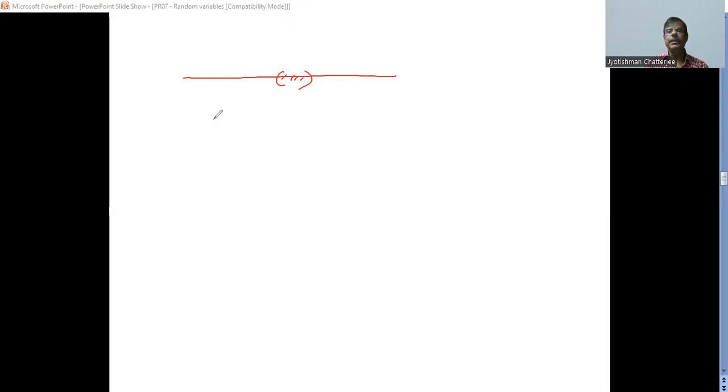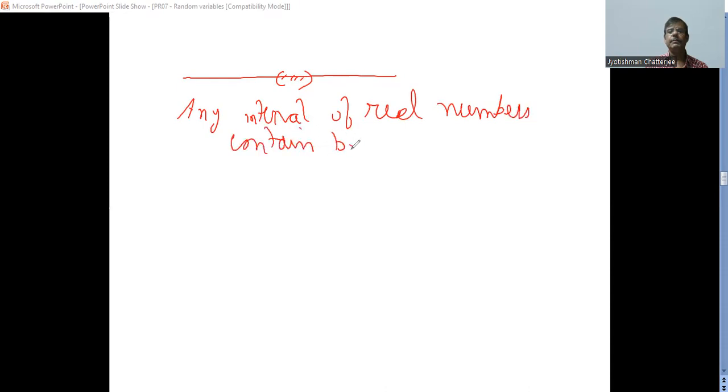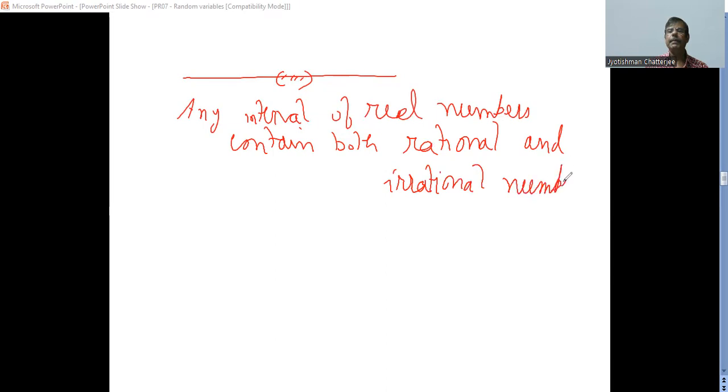There is a property of real numbers which says that any interval like this contains both rational and irrational numbers. I'll read it out because my handwriting is extremely bad.